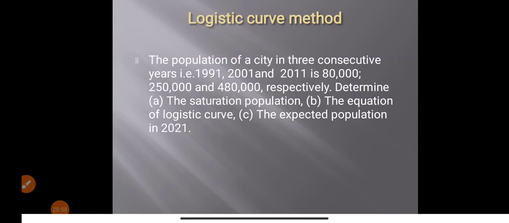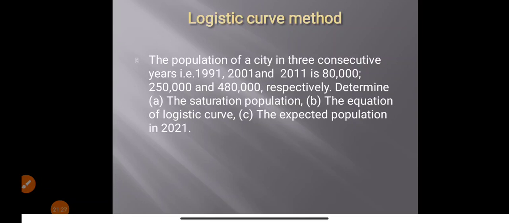Determine the saturation population, the equation of the logistic curve, and the expected population in 2021, we have to calculate. First, we have to find out the saturation population, the equation of the logistic curve and the expected population in 2021.